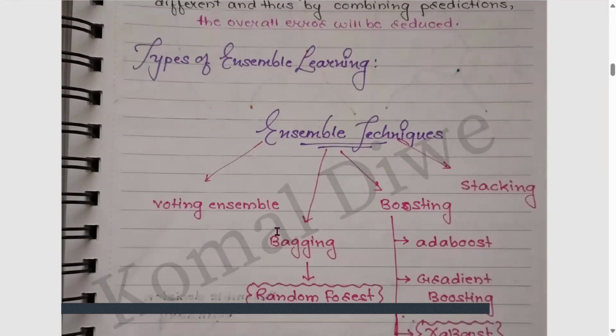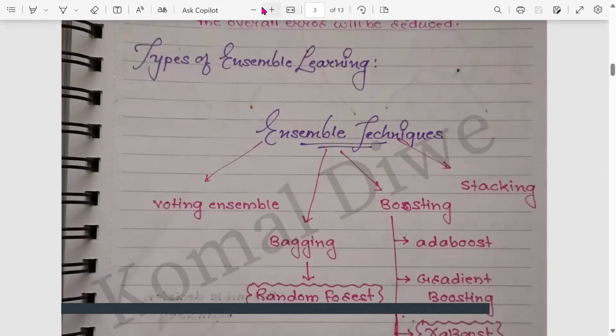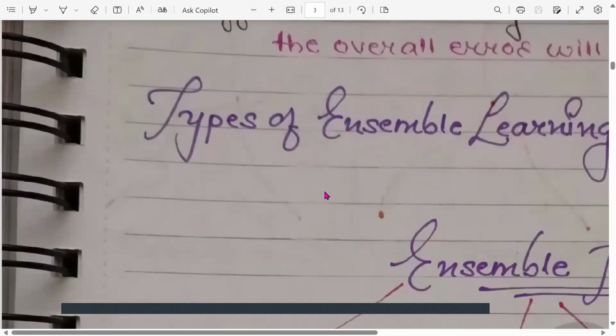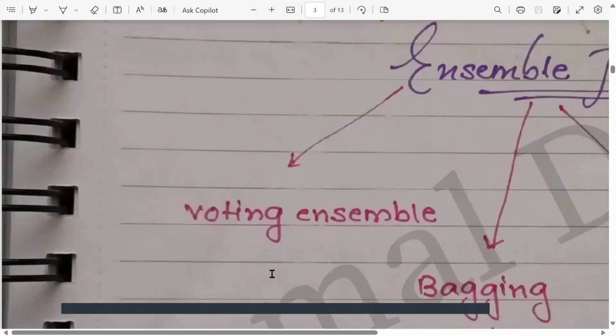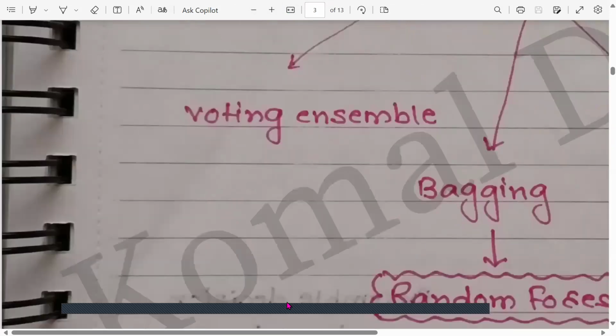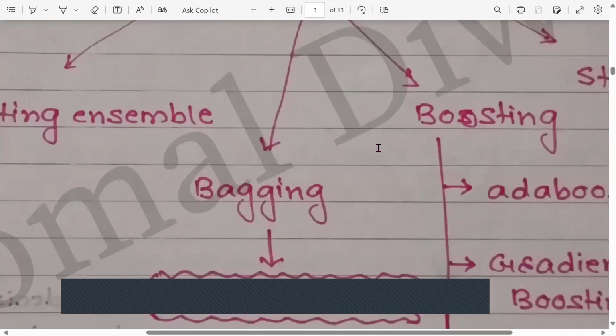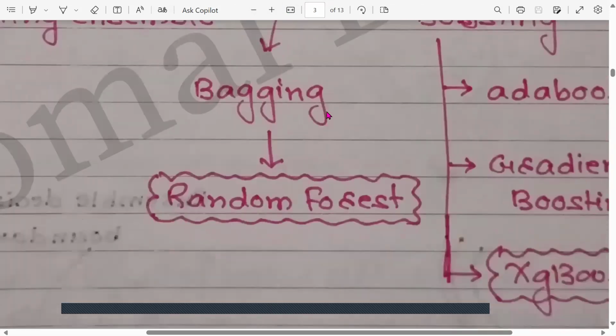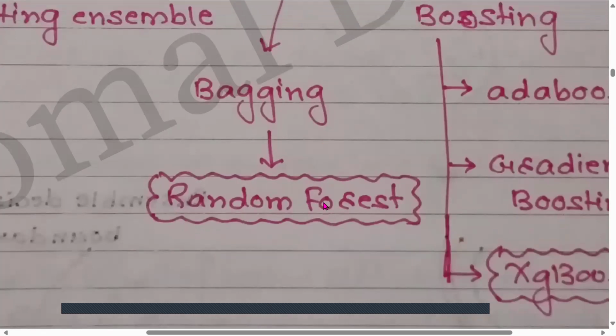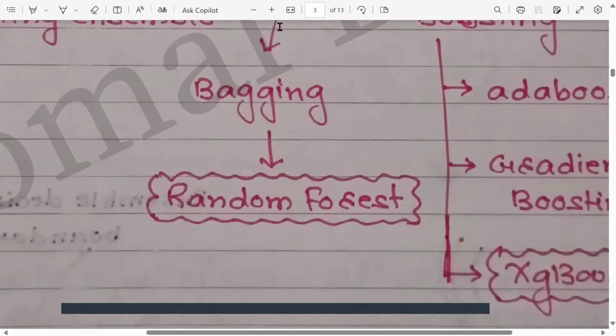First, voting ensemble. Then bagging, and in bagging we study random forest.